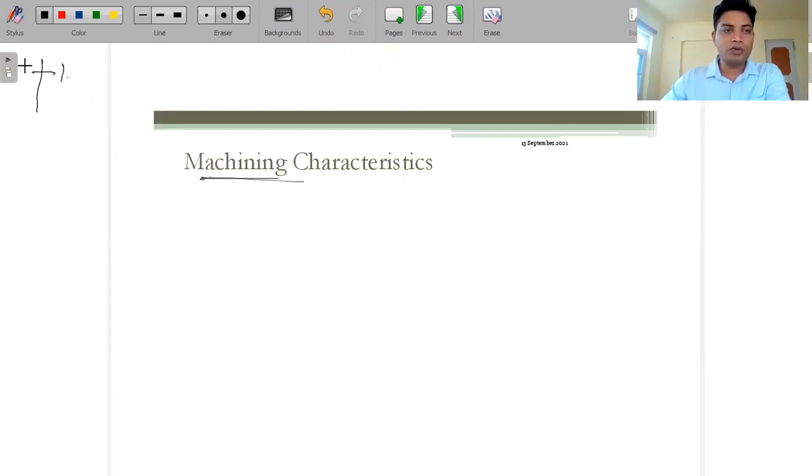First one will be the mixing ratio. Mixing ratio we have already discussed, and I will also discuss it today in detail. Then we'll go for the abrasive flow rate.